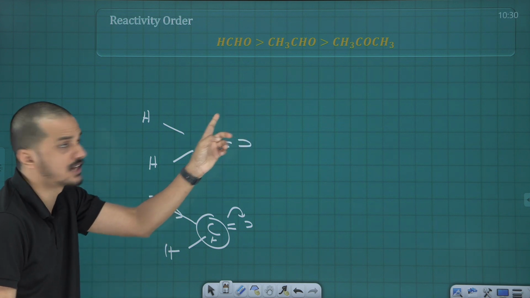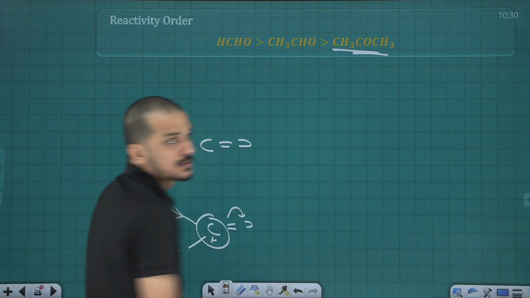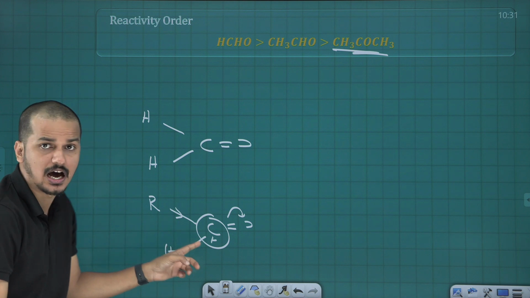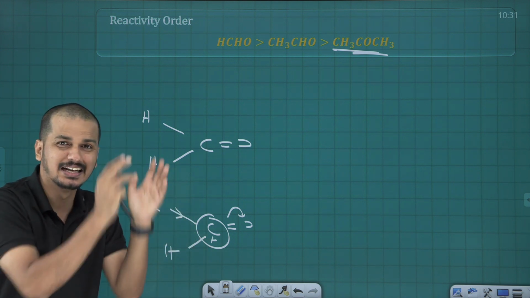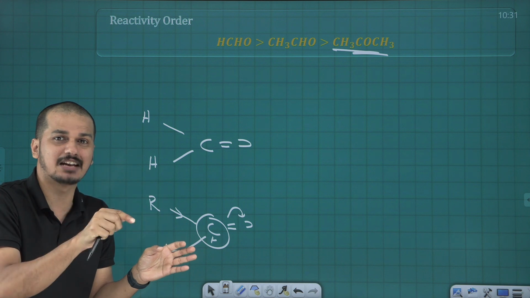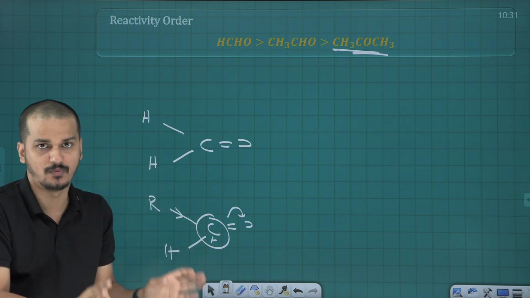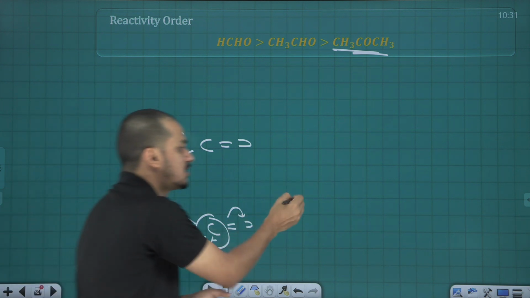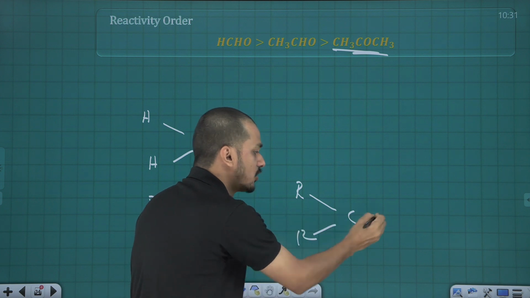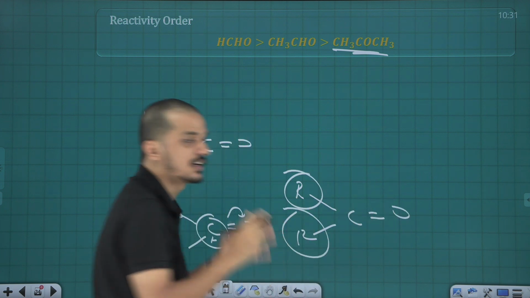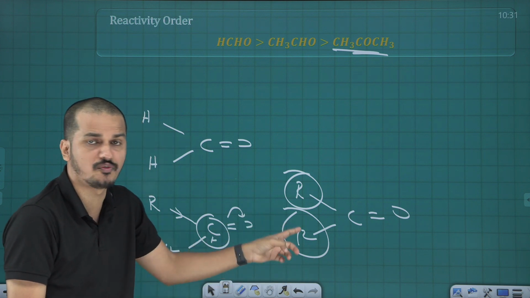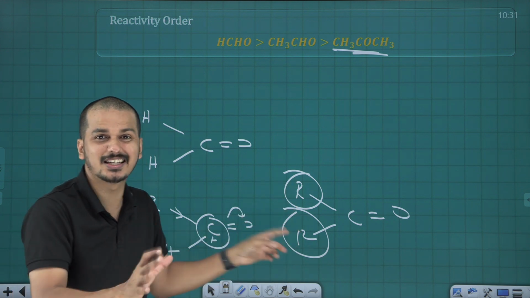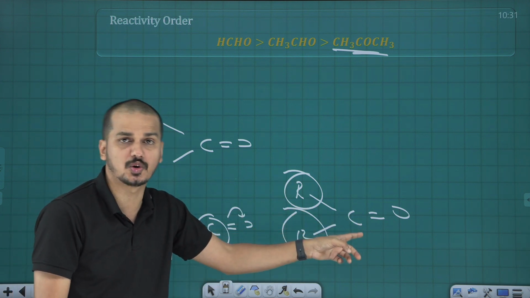If two alkyl groups are there, as in ketone, the positive charge on the carbonyl carbon decreases further, so nucleophilic addition decreases and becomes slow. In ketone there is not only the electronic reason but also a steric reason. Two alkyl groups are there, so they resist the incoming nucleophile from attaching to this carbon.